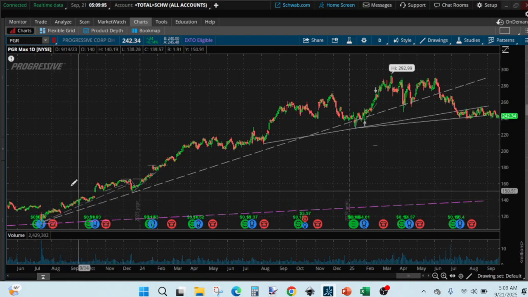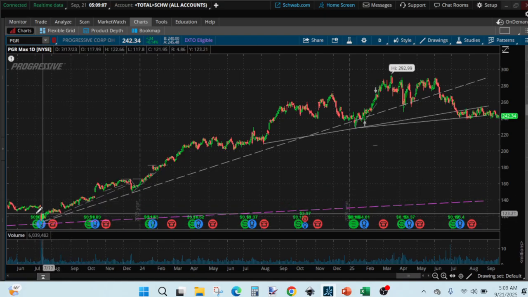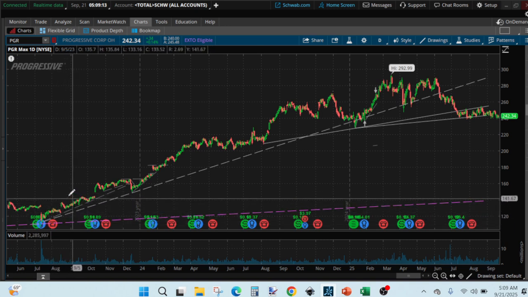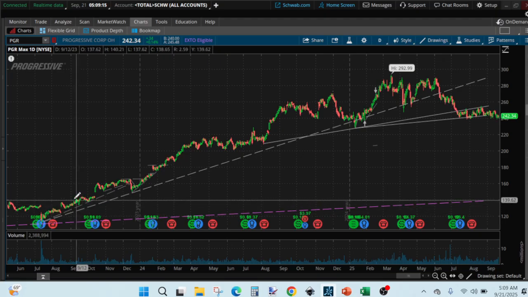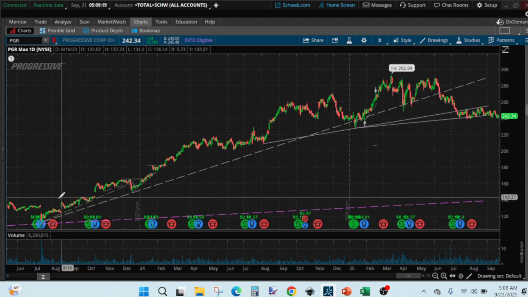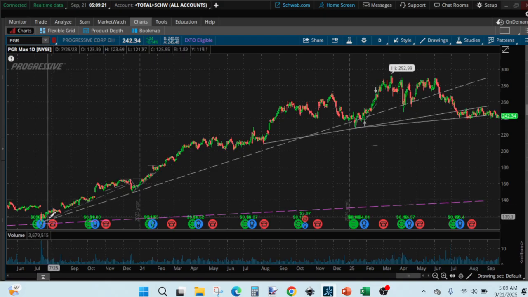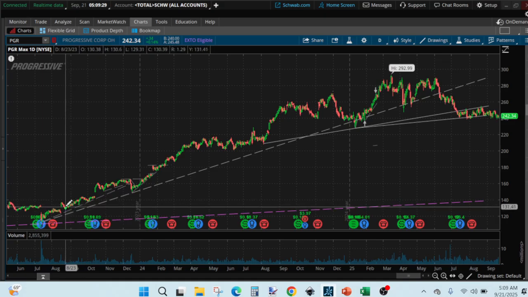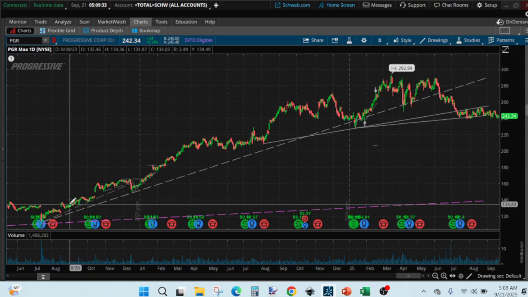So pretty much around this area, I'll even say around this area, could be an entry point, because we will wait to see at least 3 higher lows, and then we will get in the trade at the first or second green bar that follows a pullback.